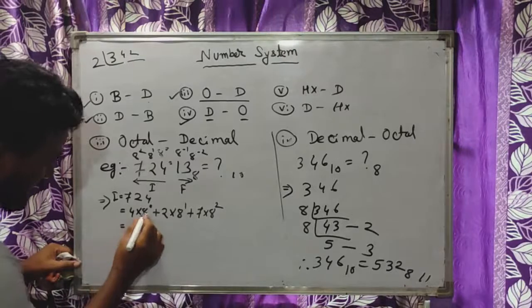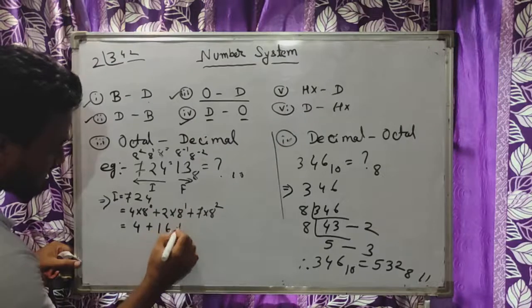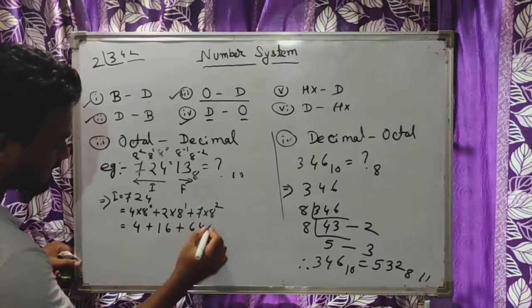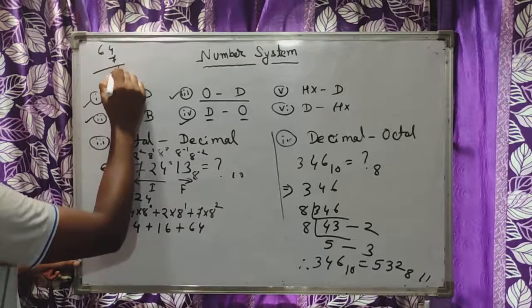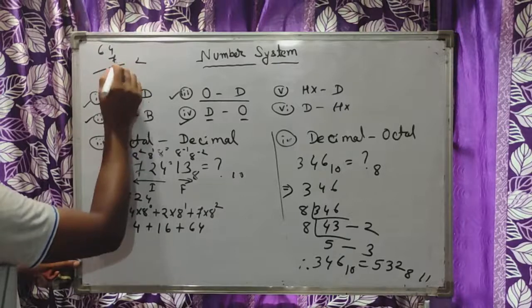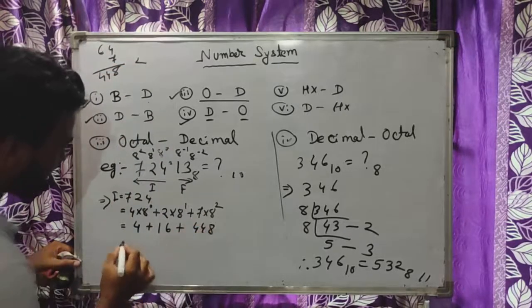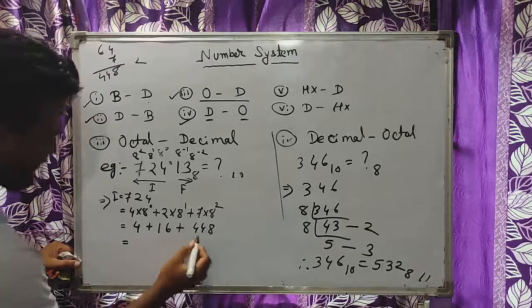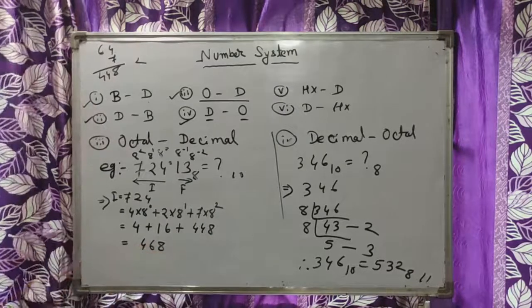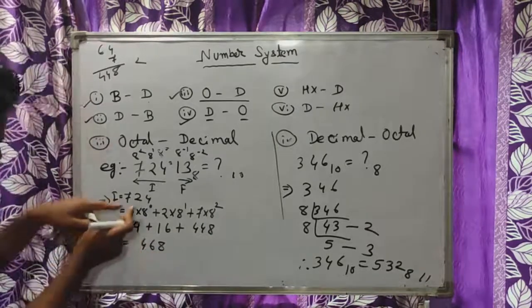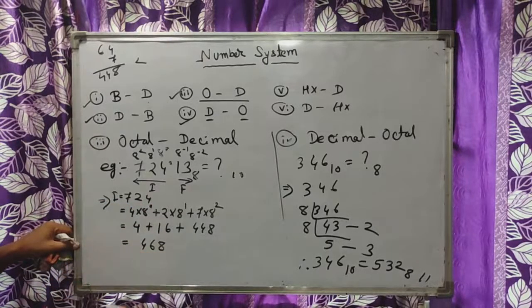So this will be 1 into 4, so 4, plus 8 into 2, 16, plus 64 into 7, which is 448. Now you add this: 468. That means our decimal equivalent for this octal integer portion is 468.